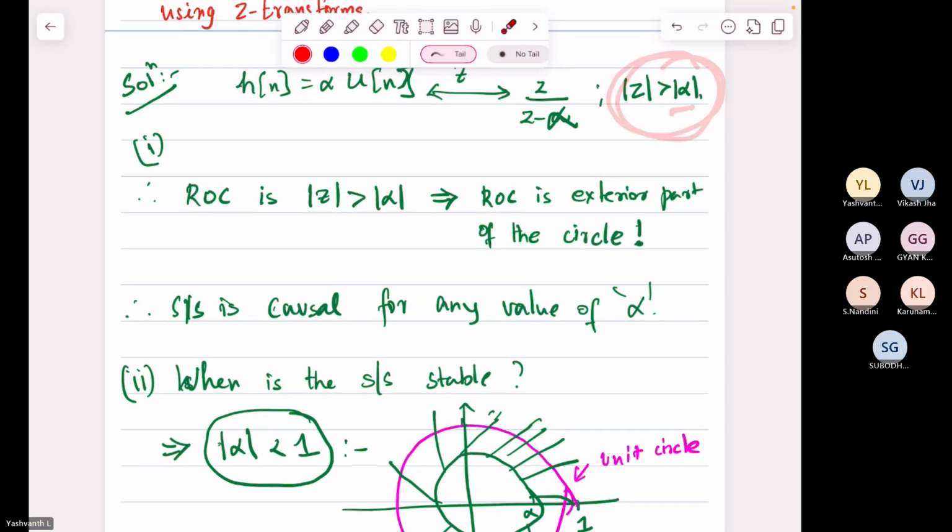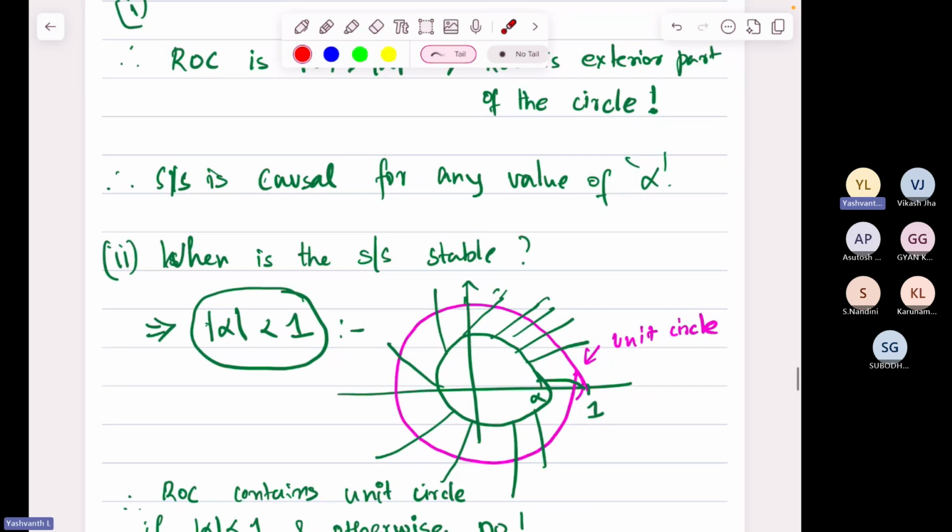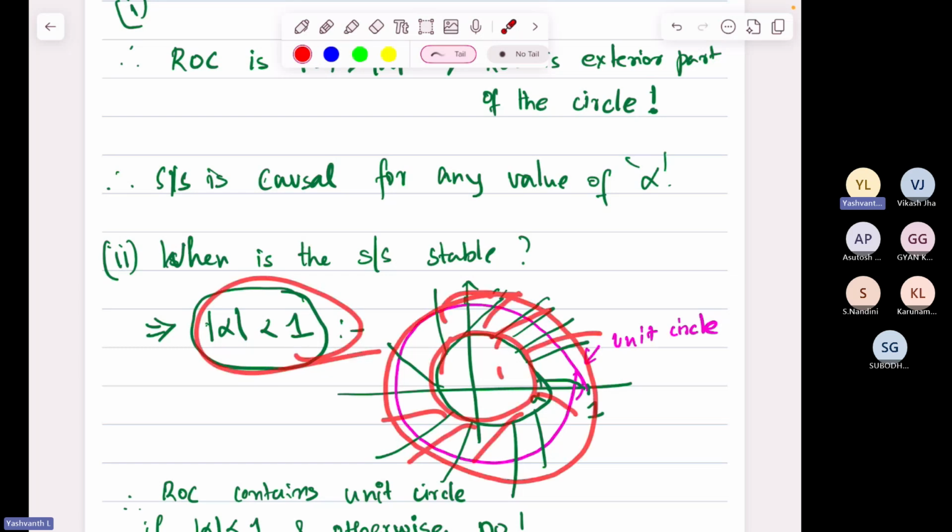If the unit circle has to be included in the ROC, that necessarily means the circle |z| equal to |alpha| should lie inside the unit circle, because the ROC is the exterior part of that circle, and if the ROC has to contain the unit circle, the alpha value should be less than 1. Only then will the exterior part of the circle |z| equal to |alpha| contain the unit circle.